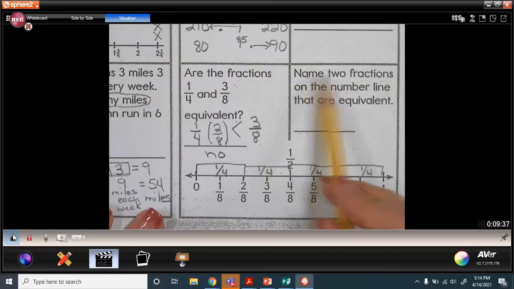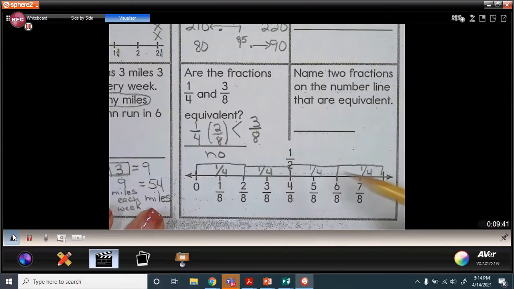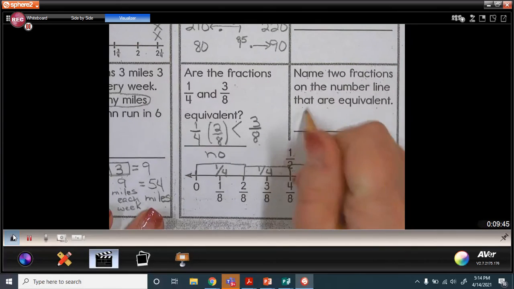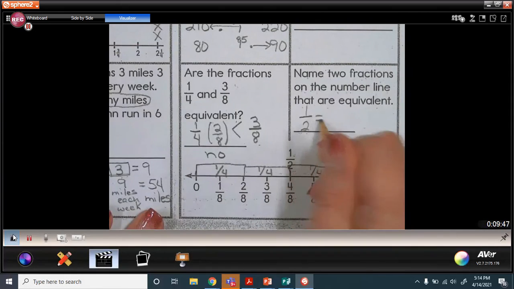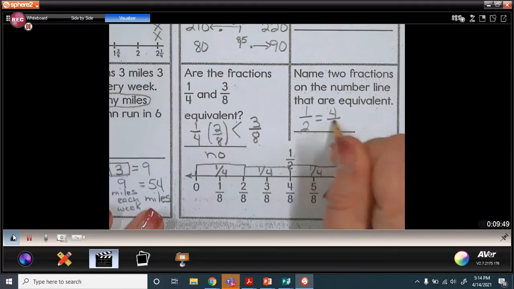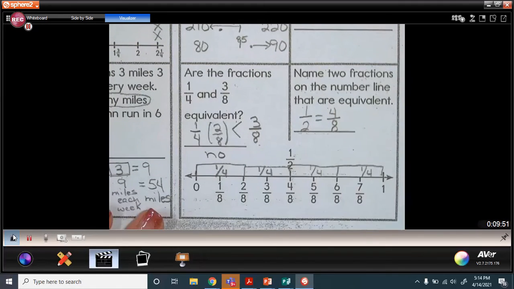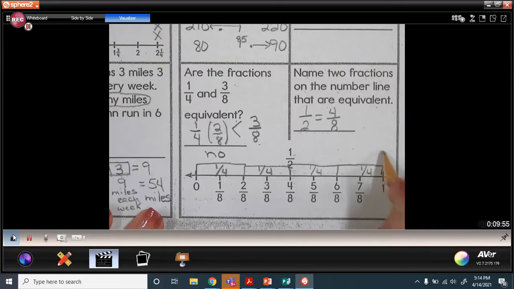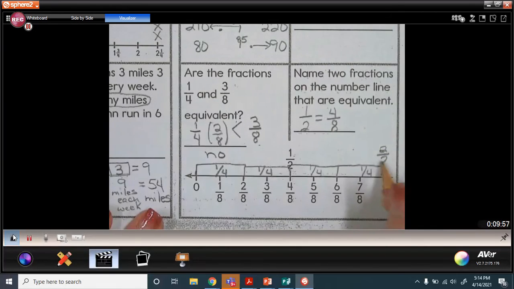Now it says name 2 fractions on the number line that are equivalent. So we know that half is equivalent to 4/8. Those are 2 fractions. You could also, if you wanted to, say 2/2 is equivalent to 8/8.